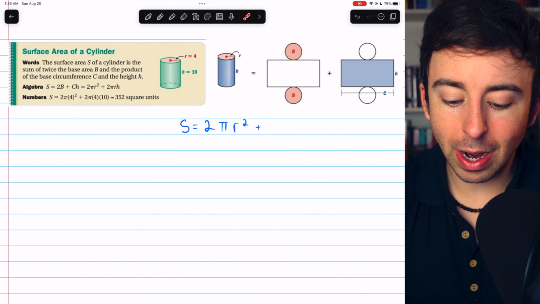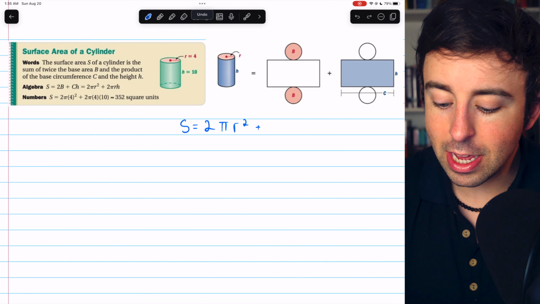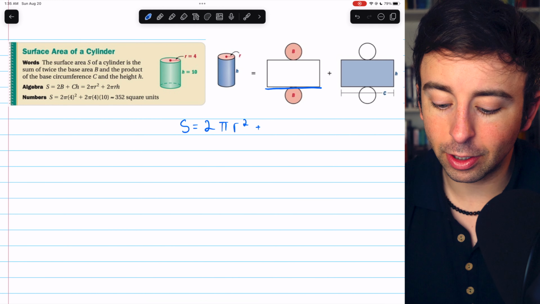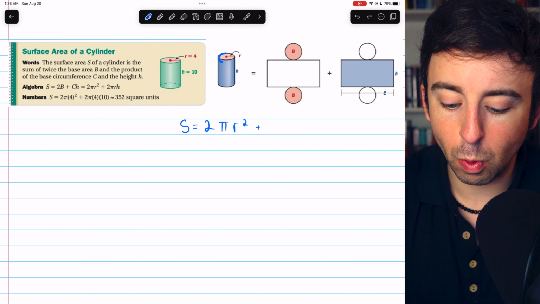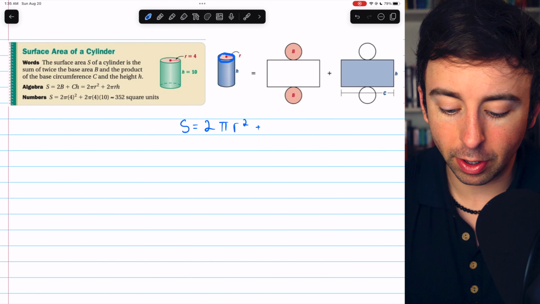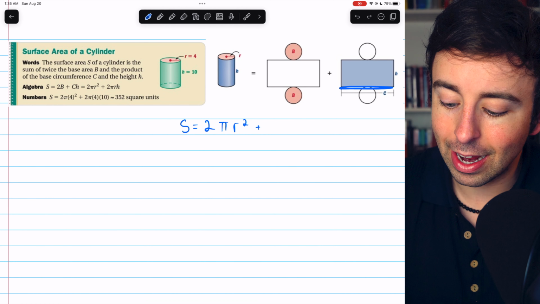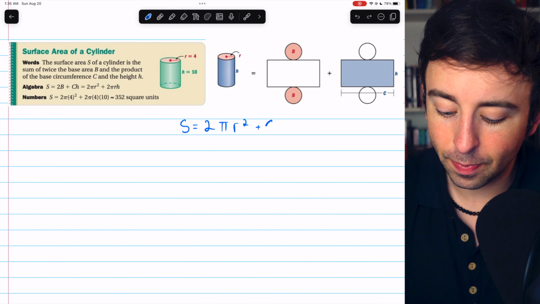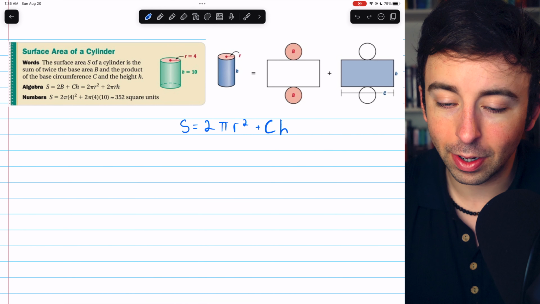The area of a rectangle is simply base times height. The base length of this rectangle is whatever length was necessary to wrap around the cylinder, which is just the circumference of the circle. So that base length of the rectangle is in fact C. And then the height of the rectangle is just the height of the cylinder.